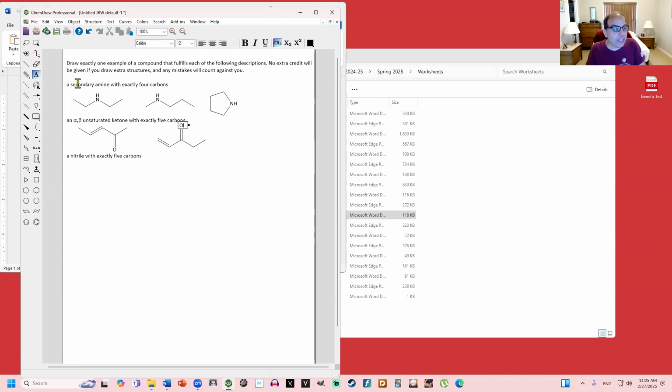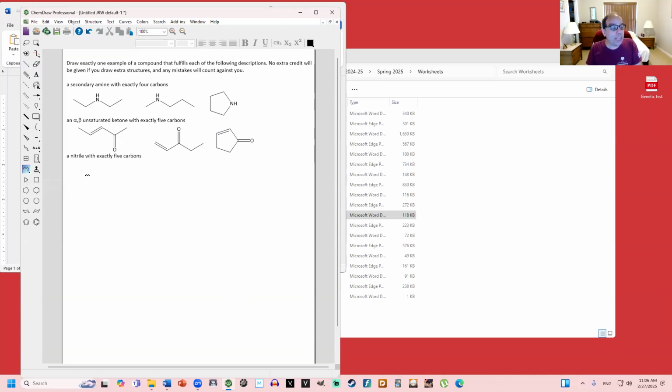I could imagine cyclic answers. Again, you can incorporate the five carbons into a ring and maybe do something like this. So don't be afraid of more creative answers like that. They're equally acceptable, obviously, as long as you follow all the rules of structure drawing and you do what the problem says. So all of those are correct.